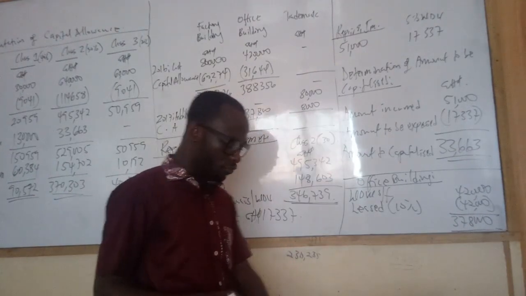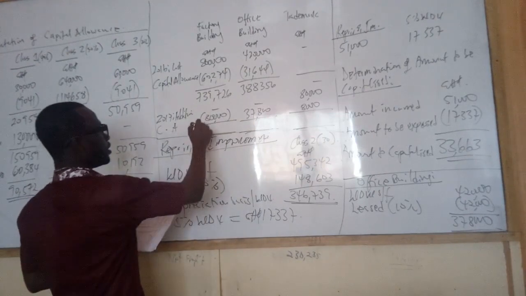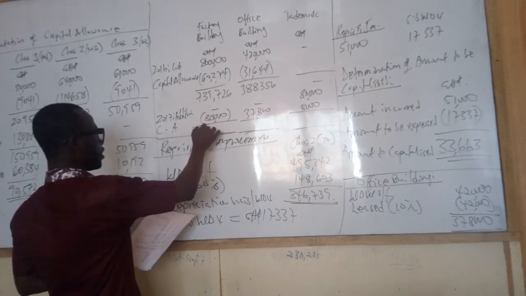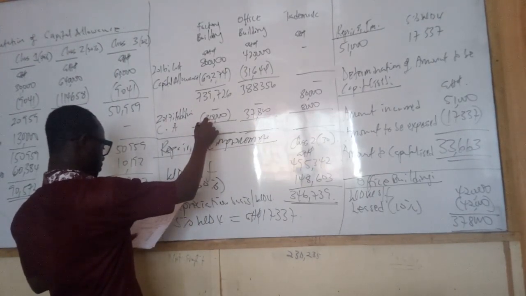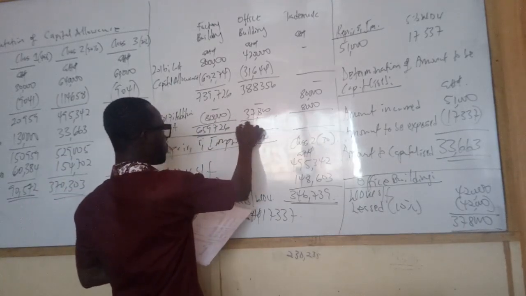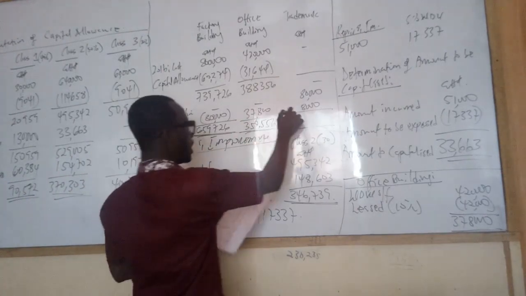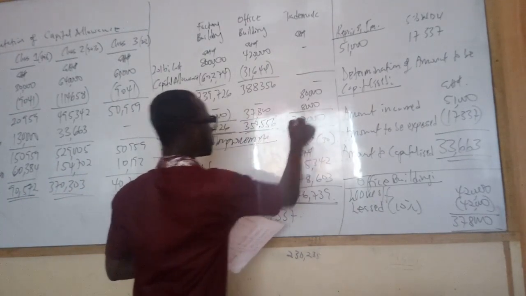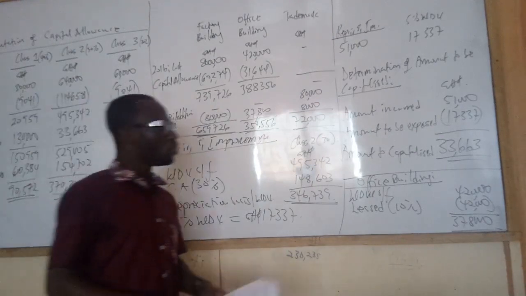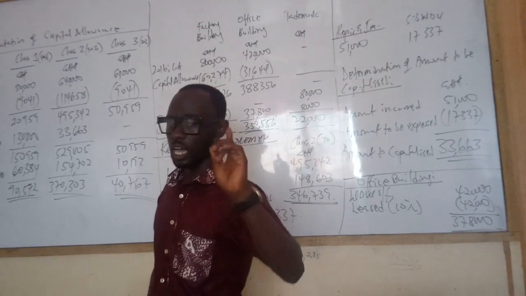So when we sum it up, our written down value brought forward will be equal to 659,726. This will be 350,556, and this will be 72,000. So these are the workings for the first one, capital allowance.